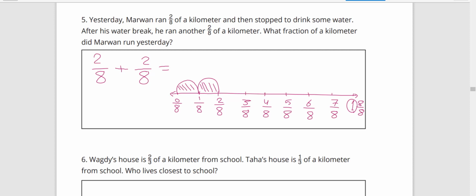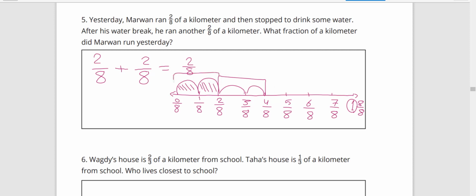So from 0 to 2/8, and from 2/8 to 4/8, this is 2/8.